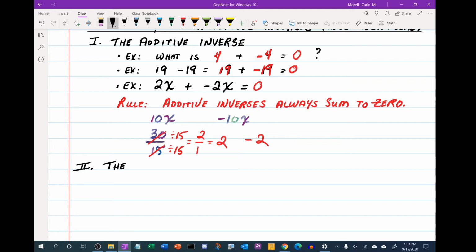The multiplicative inverse, aka reciprocal.